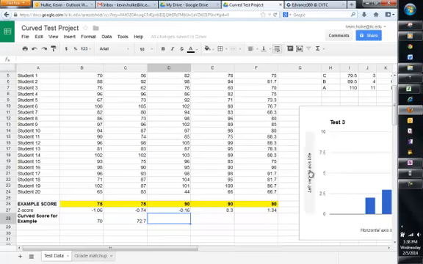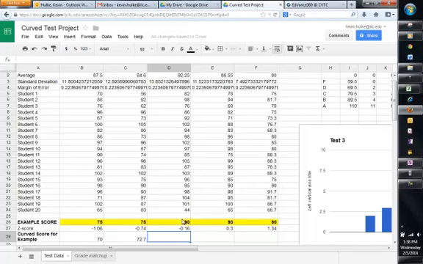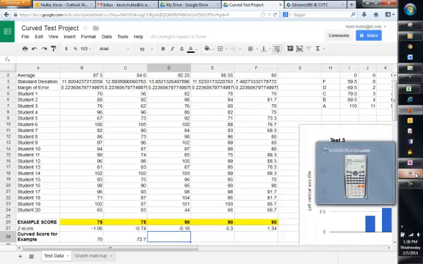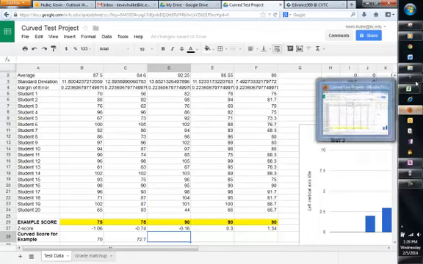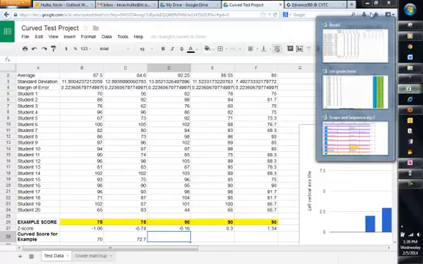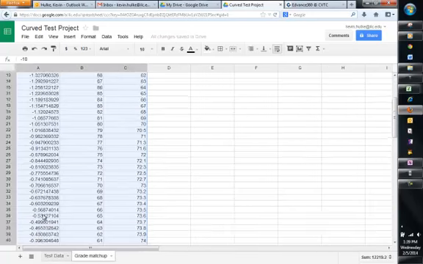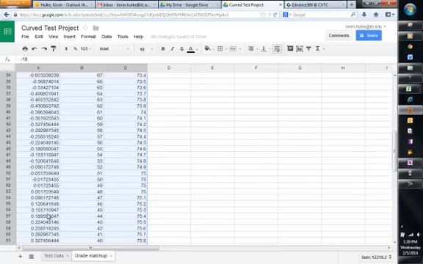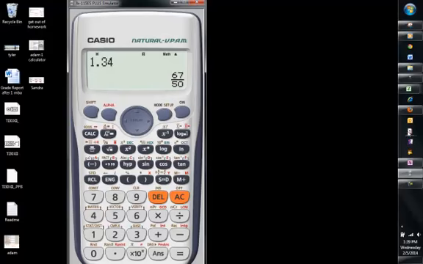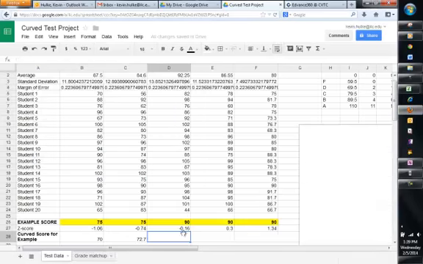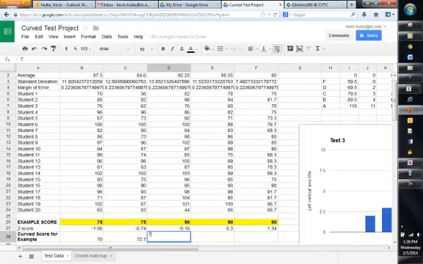All right, next column. A negative 0.16 is about 74.7.